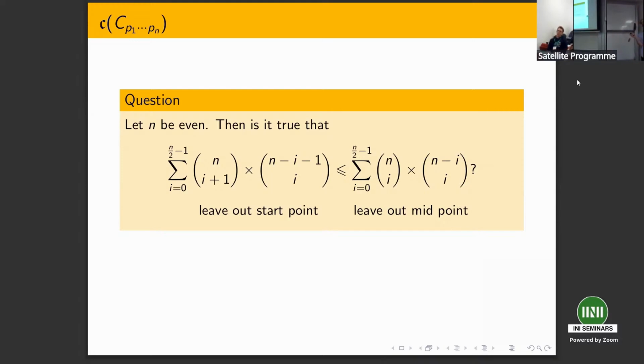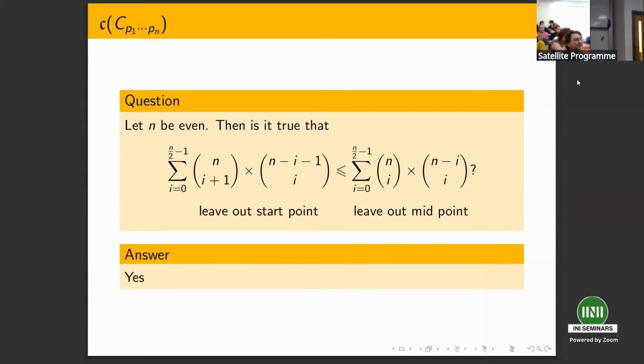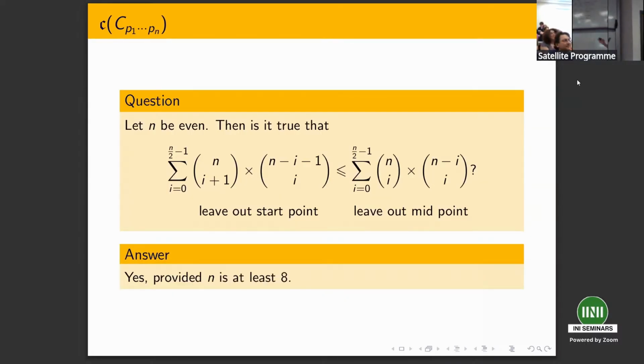If anyone can prove this in less than the 10-page proof we have, please. So this is true as soon as n is 8. Before n is 8, this isn't true. Something to do with growth of binomial coefficients.